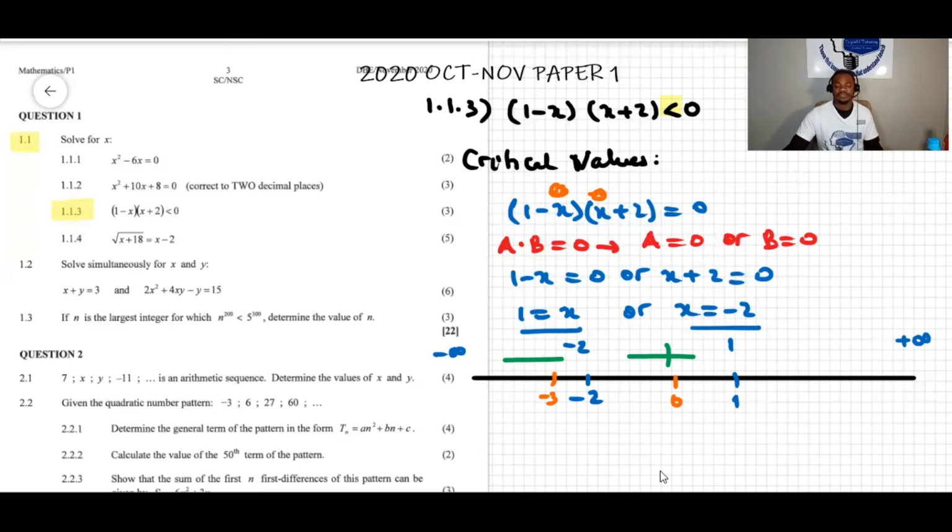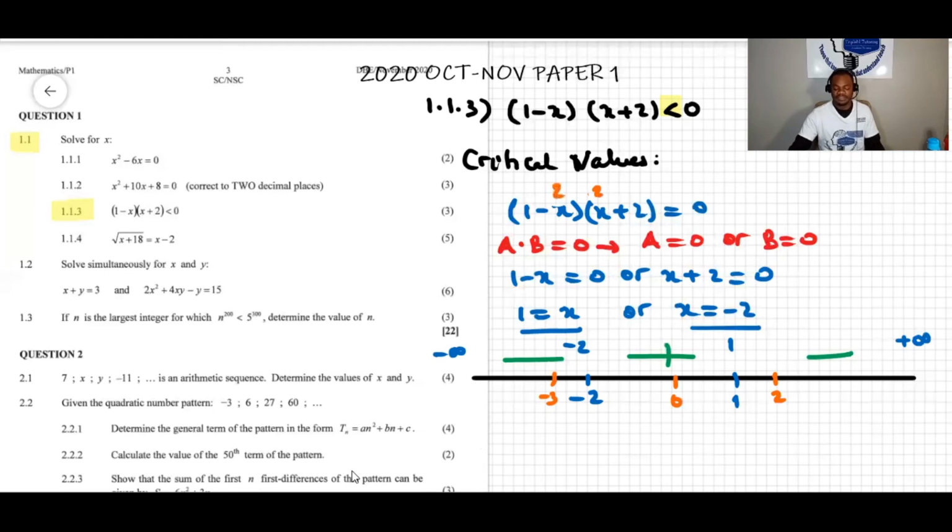Now I'll move on to the next interval, from 1 to positive infinity. I'm going to pick a random number, like 2. If I substitute 2 for x, we will have -1 times 4, which makes a negative answer, -4.